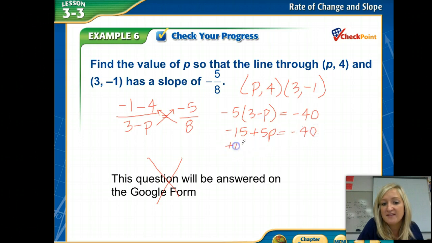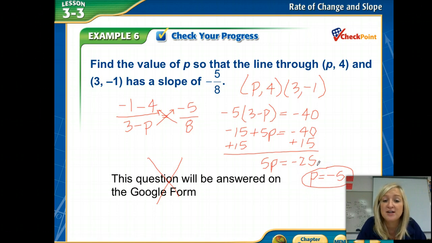I'm going to add 15 to both sides. I get 5p to equal -25. So p equals -5. Hopefully you got the same answer as I did.